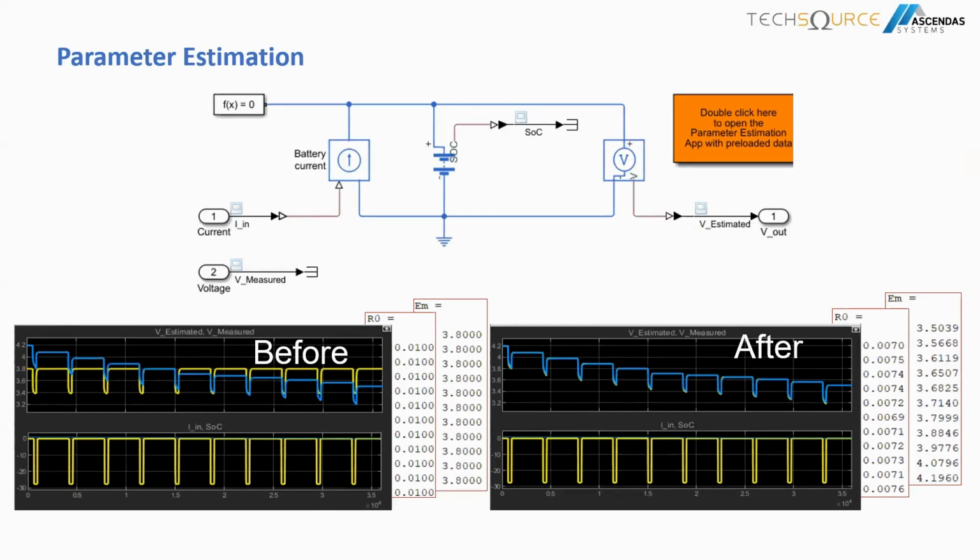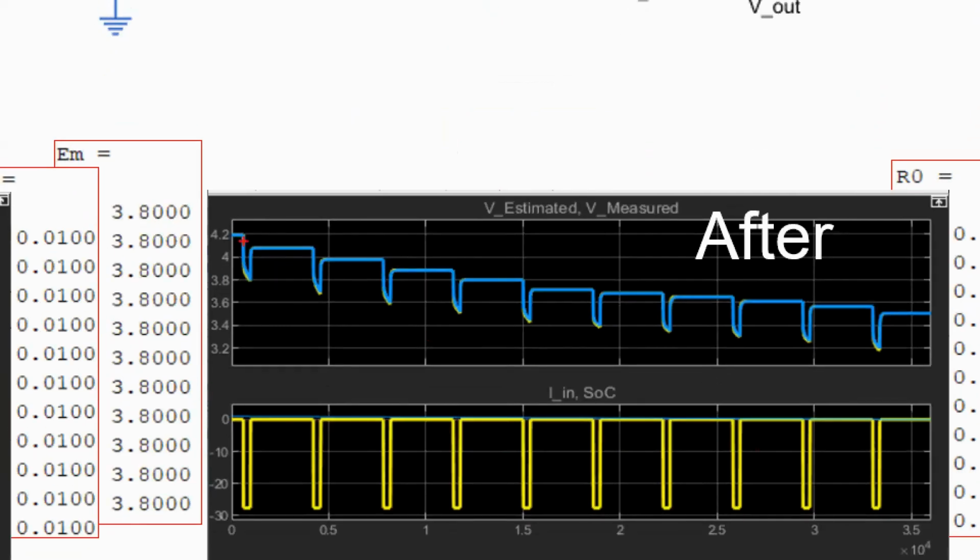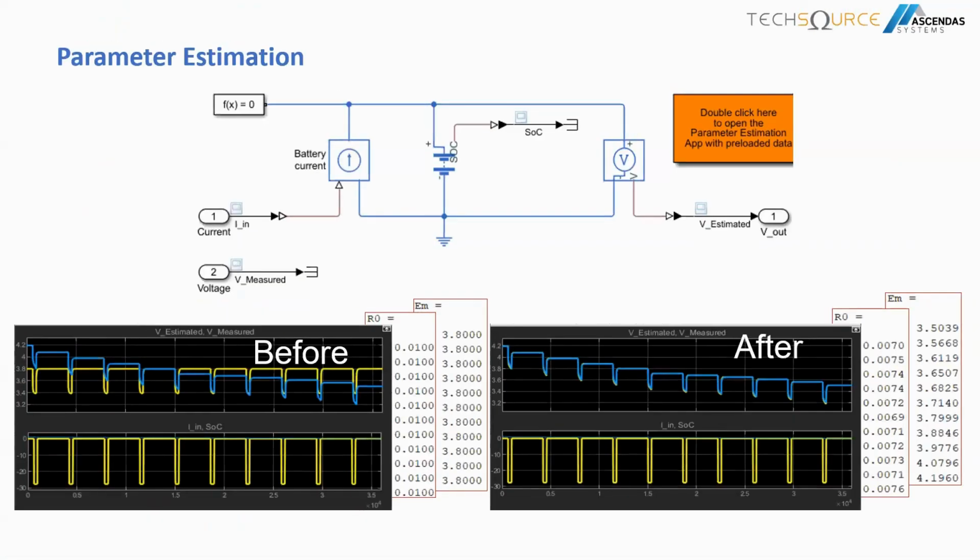In this case, you can see that it doesn't match the actual behavior of the system. After doing parameter estimation, you can see that it's almost a similar response now. It adjusts the parameters of the cell until it meets almost the same responses of the battery cell.